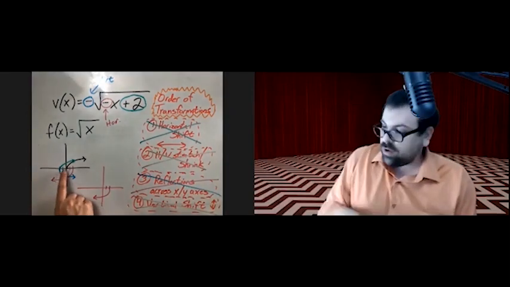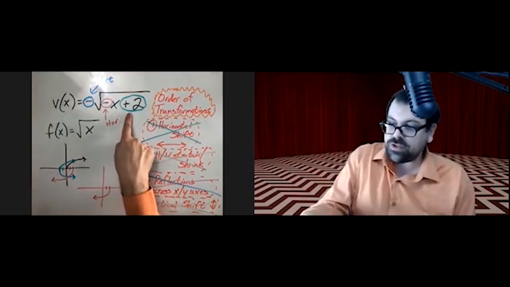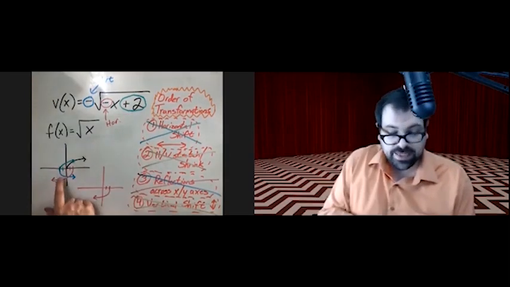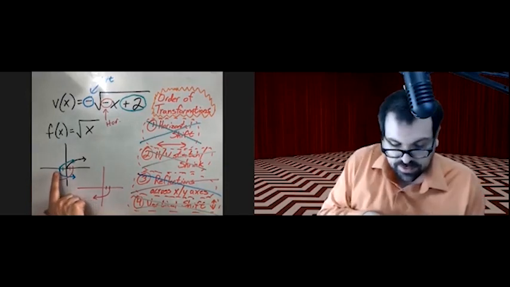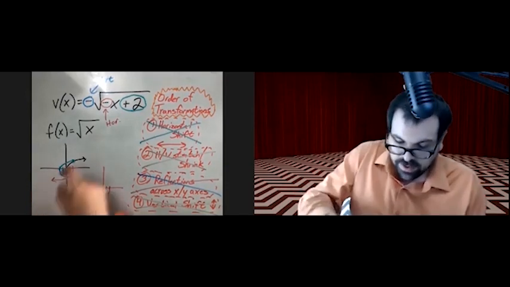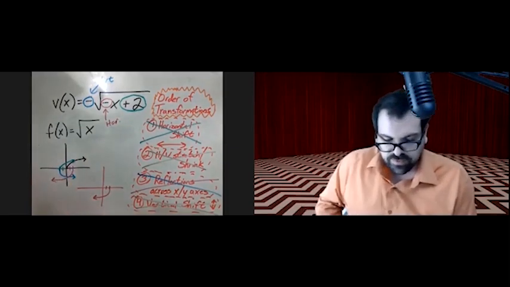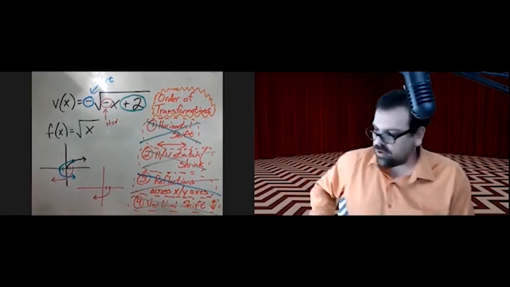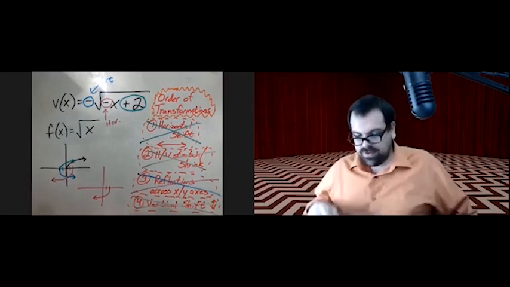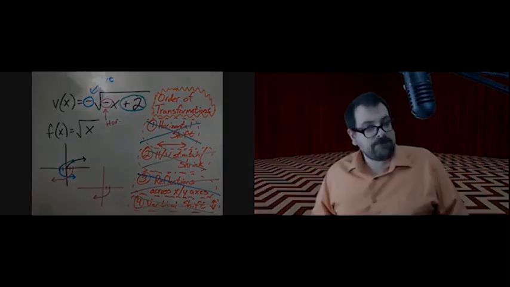First, our horizontal shift +2 took us 2 to the left. Then we flipped over the x and we flipped over the y. And those were all the transformations we had. We end up with this graph.